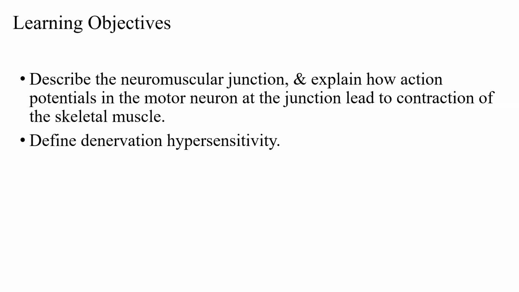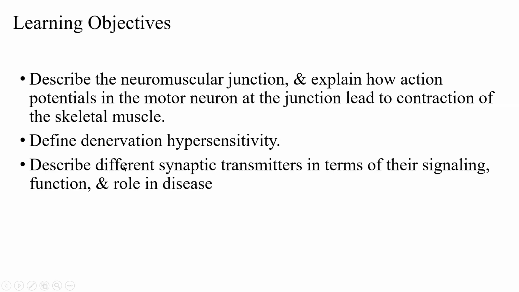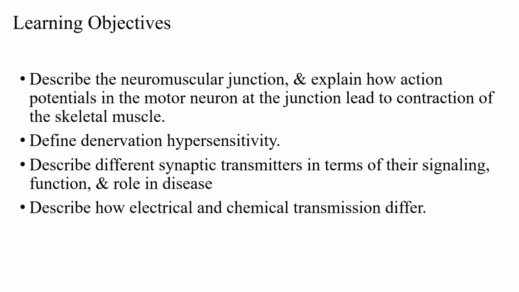So describe neuromuscular junction, explain how action potential in the motor neuron at the junction lead to the contraction of the skeletal muscle. Define denervation hypersensitivity, different synaptic transmitters in terms of signaling function and their role in the disease. Most of the diseases, neuromuscular disease we say, are because of these neurotransmitter problems.